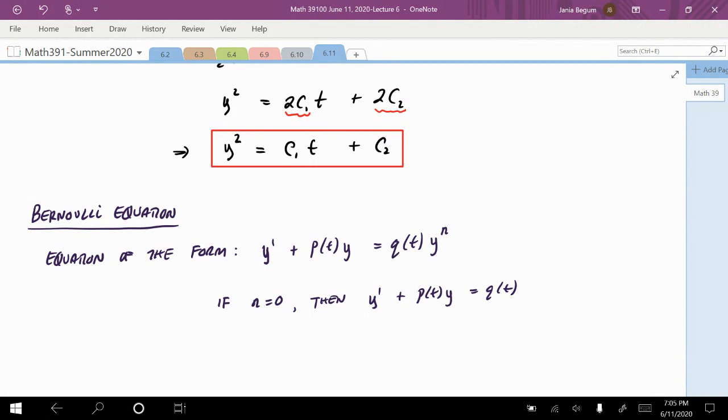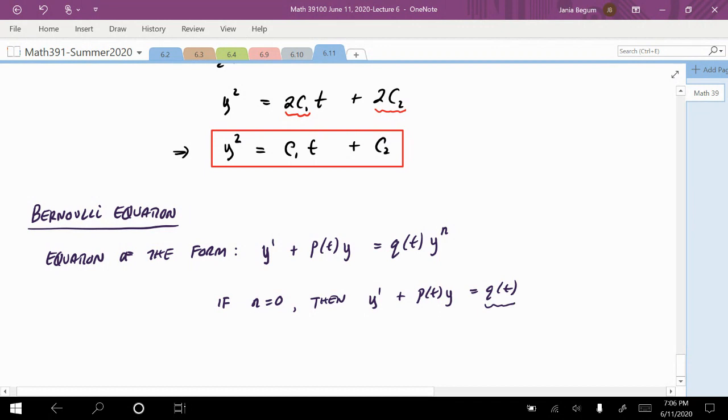Do we know how to solve this? Yeah, you use the integrating factor for this. So if n is 0, then you have something where it could be separable or it could be linear. It really depends on what this function q is.